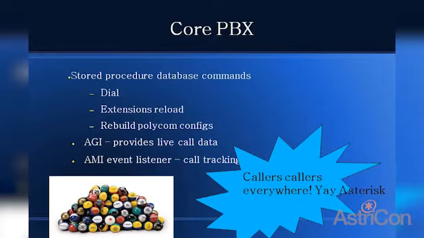And a trigger upon the extensions actually reloads Asterisk, and part of that would rebuild the Polycom configuration files. So you could just go into the pgadmin database tool. We use Postgres for our database, and you could just go and edit extensions manually, and then all the magic of Asterisk happens behind the scenes. You don't need to do anything. It all happens through the database.